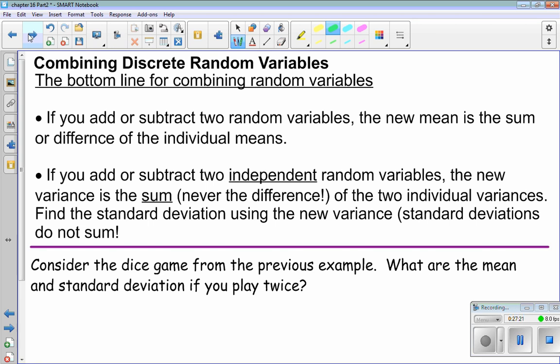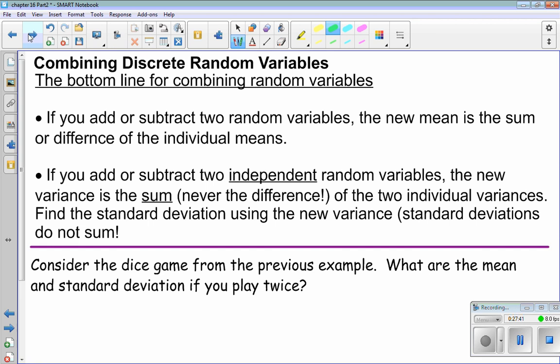Let's say it one more time. If I have 2 different random variables, I have points for rolling a die, and then I have another game where we're spinning a wheel with a different distribution. I want to combine them for a total number of points by adding them together. How are the mean and standard deviation affected?